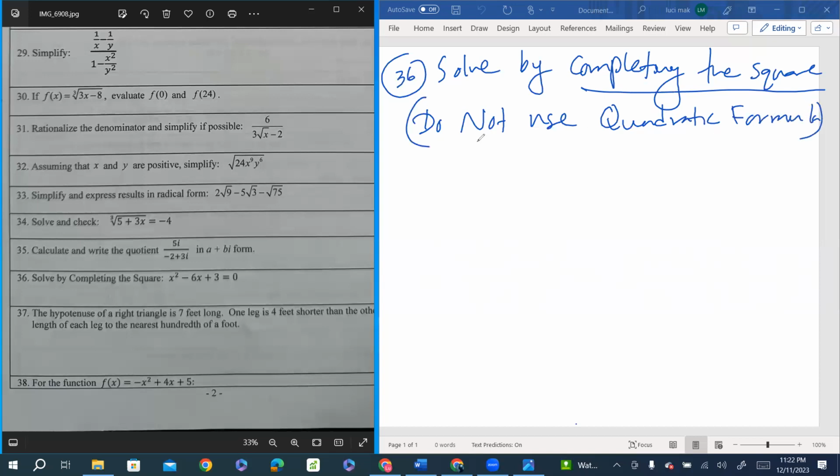Don't use x equals negative b plus or minus the square root of b squared minus 4ac all over 2a. So do not use that. If you use that, I don't give any points, I give 0 points. So make sure you don't use that.